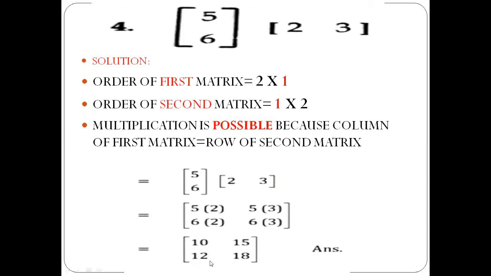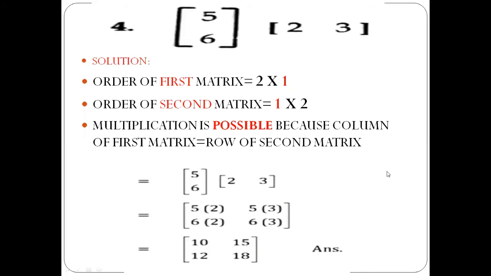So this is the answer: when we multiply these two matrices, the product is the matrix 10, 12, 15 and 18. Now take a screenshot of this question also.